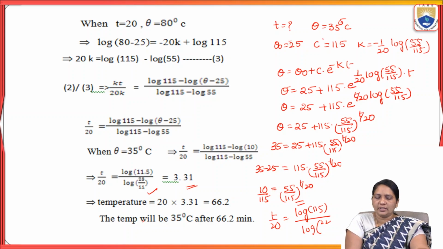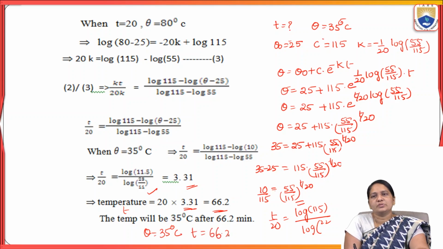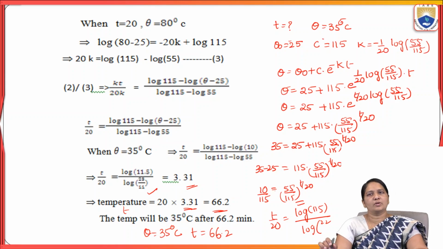So finally time equal to 20 into 3.31, that is 66.2. So for the temperature theta equal to 35 degrees C, the t value is 66.2 minutes.